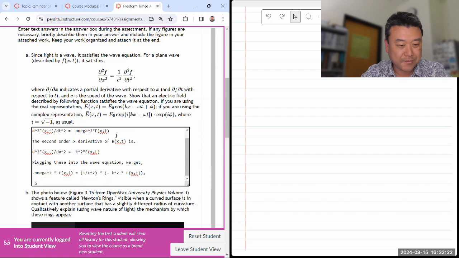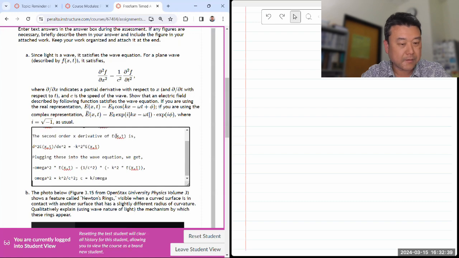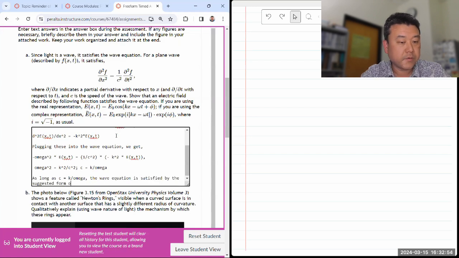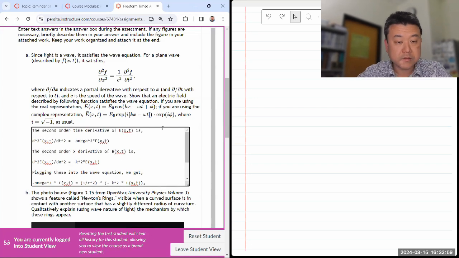Canceling out things, you have omega squared is equal to k squared over c squared. Everything else has been canceled out. Solving for c, c is equal to omega over k, I think. Yeah, okay. So as long as c is equal to omega over k, the wave equation is satisfied by the suggested form of E(x,t). I guess I have to say the complex version.